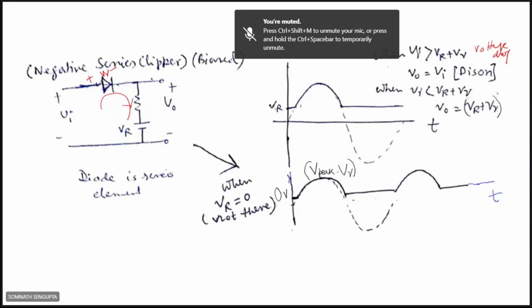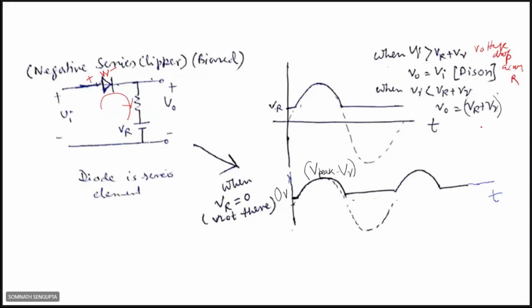And when the input voltage Vi is less than Vr plus V gamma, the diode is off.